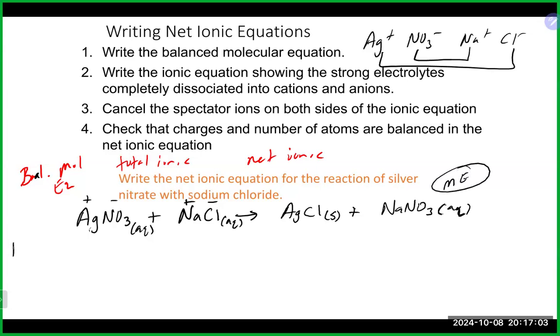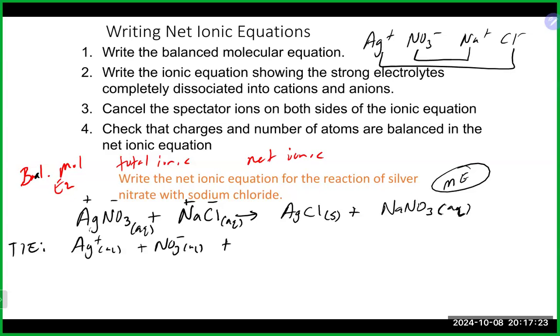Now for our total ionic equation, we're going to break apart anything that is a strong electrolyte, right? We can keep together anything that is solid, liquid, gas, or a weak electrolyte. So this will be silver with a +1 charge. This will be nitrate with a -1 charge, as that will break apart.